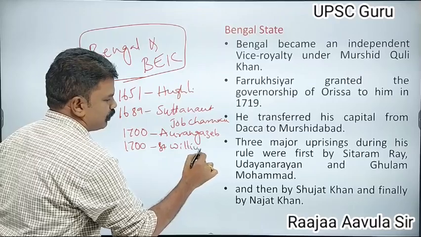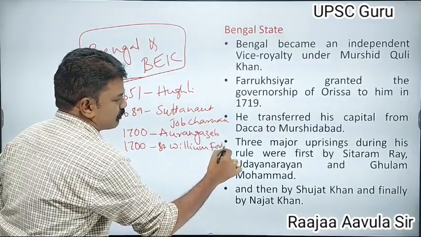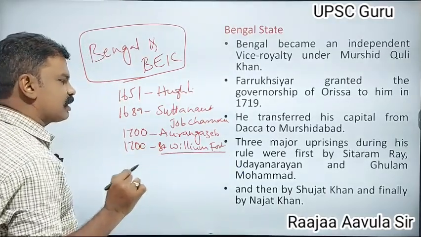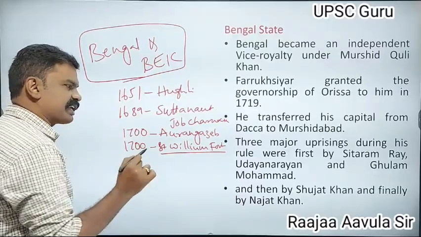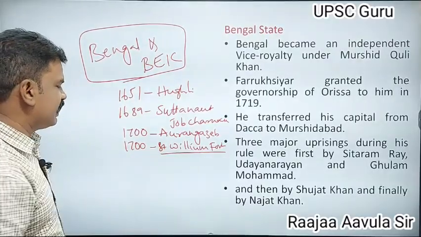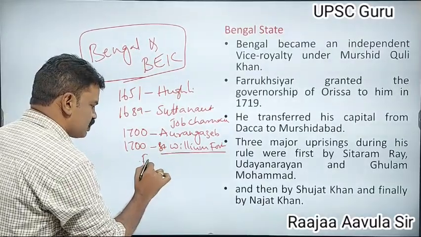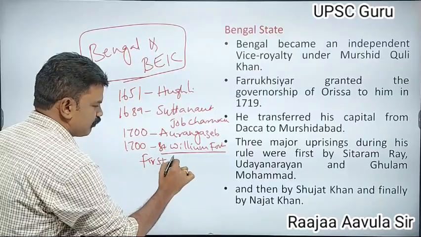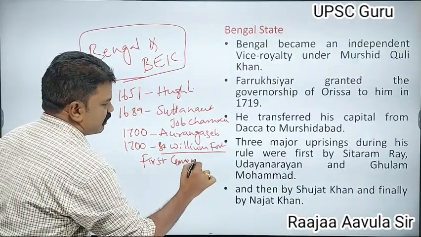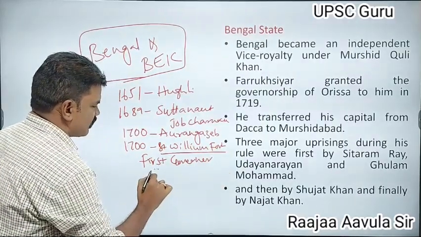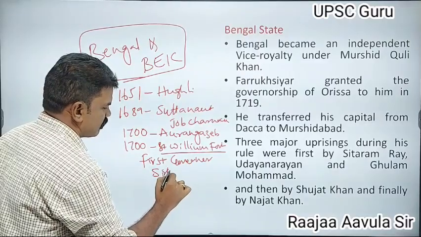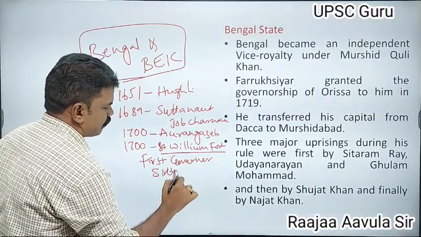St. William Fort was the headquarters of the British East India Company for the trade activities of Eastern India, and the first governor of St. William Fort was Sir Hyde.